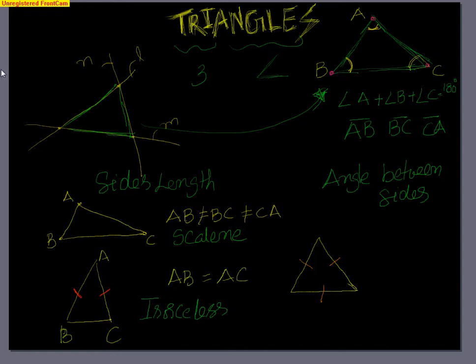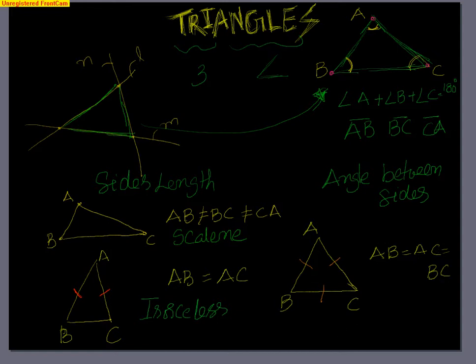Now suppose this is A, this is B, C. Now AB is equal to AC is equal to BC. All the sides of the lengths are equal.